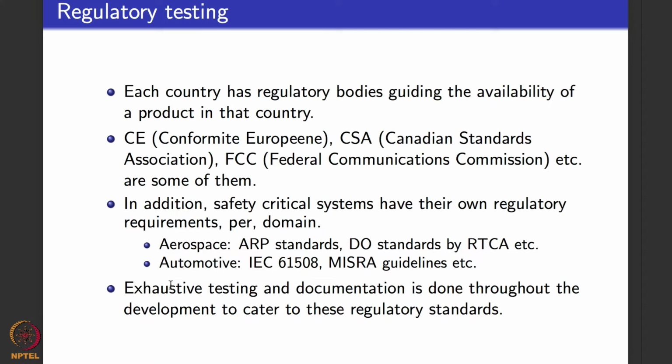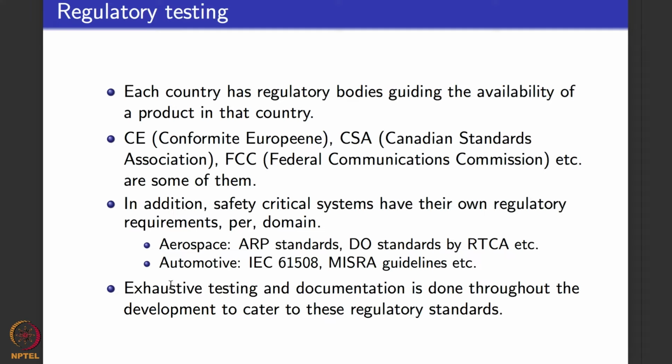In addition to this, if you have safety critical systems, like for example drive-by-wire, brake-by-wire, steer-by-wire, or the power window controller in a car, the ABS system, the airbag system, or let's say the autopilot of an aeroplane, the landing system of an aeroplane. These are safety critical because if they fail, they mean huge losses in terms of loss of life. So safety critical systems have to go through extra regulatory requirements.